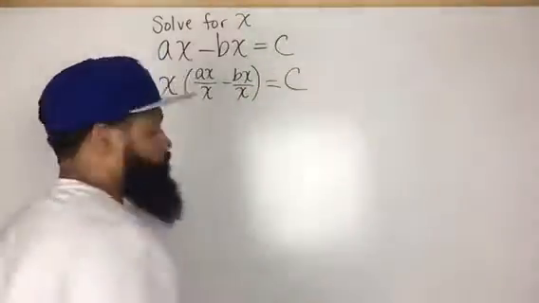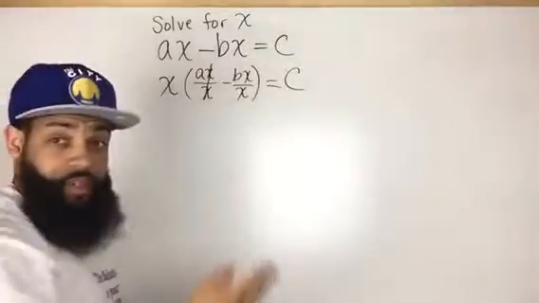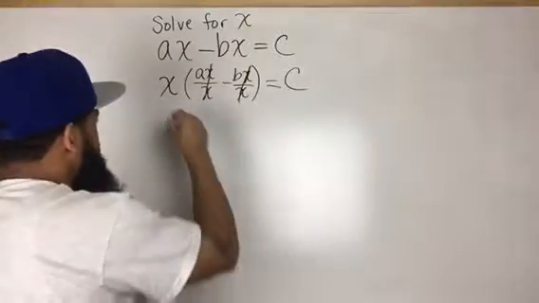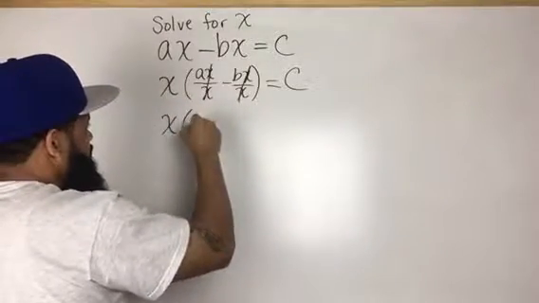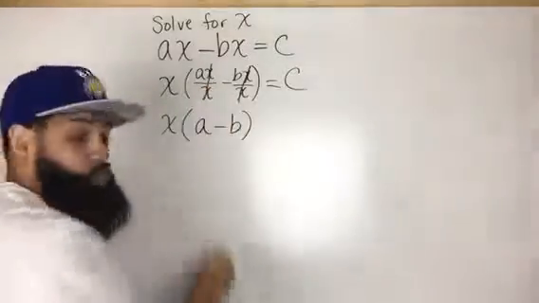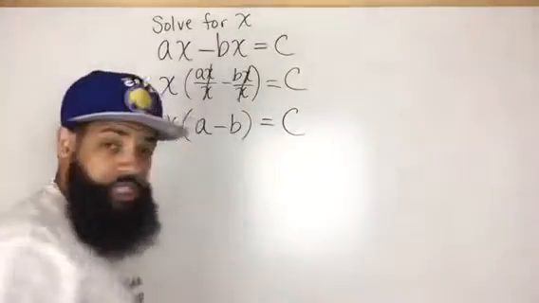Okay, that still equals c. Now in this case, x divided by x equals 1. So I'm left with x times the quantity a minus b, because remember, a times 1 is a, b times 1 is b, and that equals c.